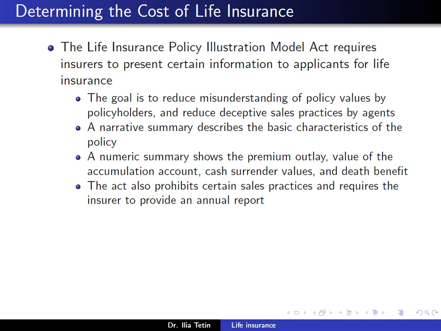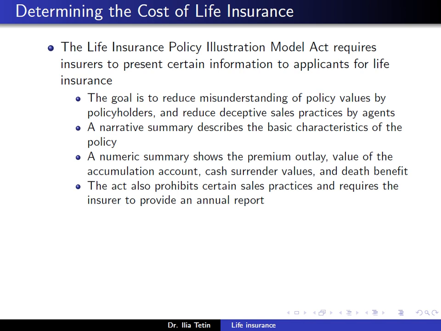Insurers are prohibited from using anticipated gains from improvements in mortality in the sales illustration. The term vanishing premium cannot be used, and the values shown in the illustration must be justified by a self-support test.